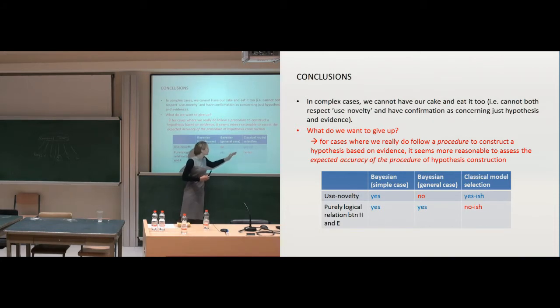So maybe the point is, maybe it's not this Bayesian classical divide in terms of inference, but rather getting the Bayesian to reassess the hypotheses that they're considering in different contexts, and that maybe sometimes hypotheses relating to procedures may be more appropriate than hypotheses relating to particular theories of the world, right? That's it, thanks.